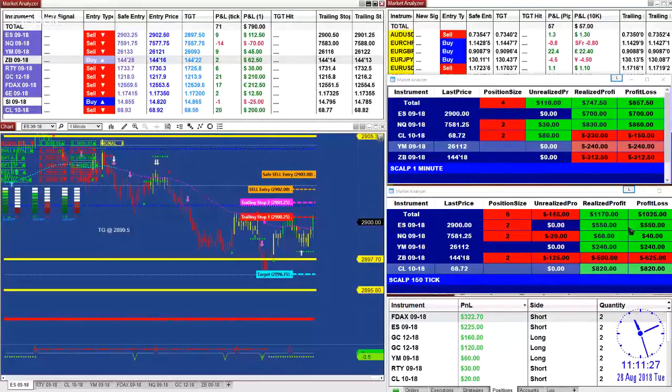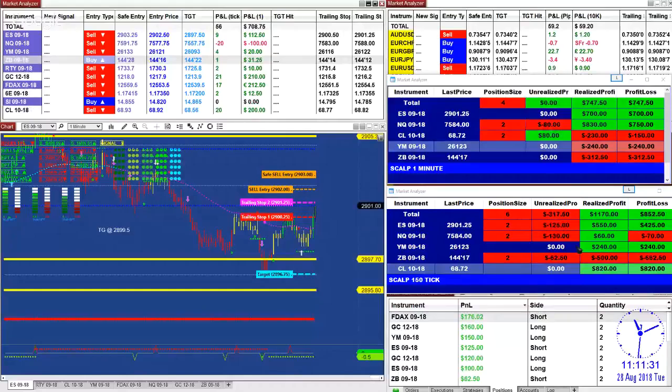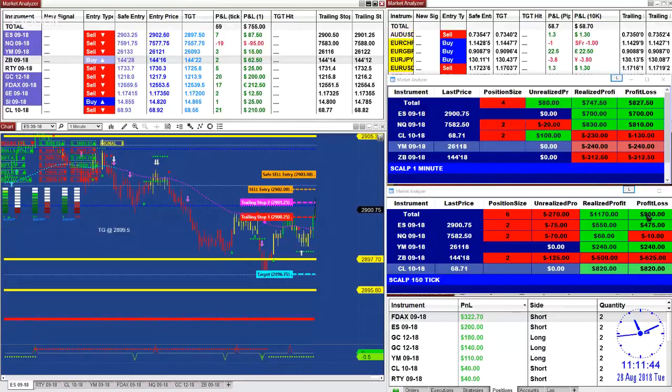As we see on the scalper, we've been over an hour and we are still going in circles. At the same time, the 1 minute is really struggling today, going in circles around 1200.